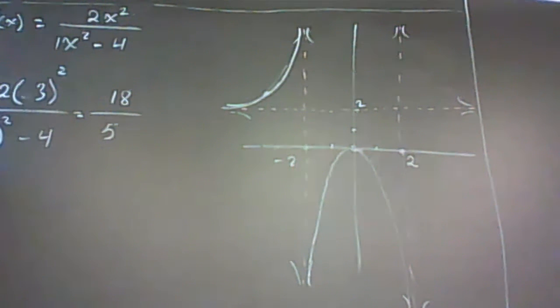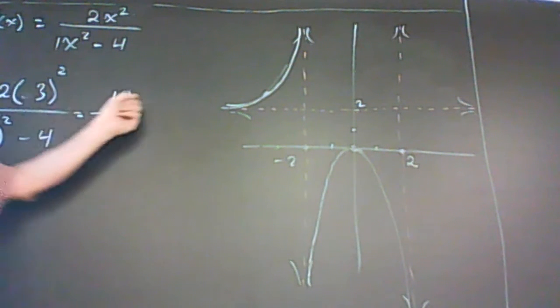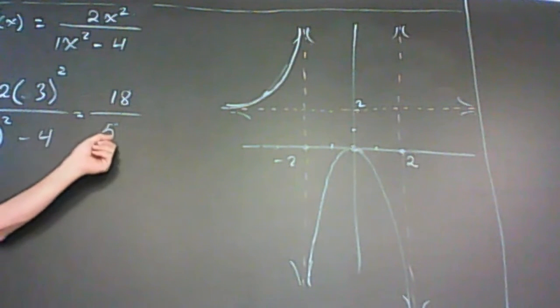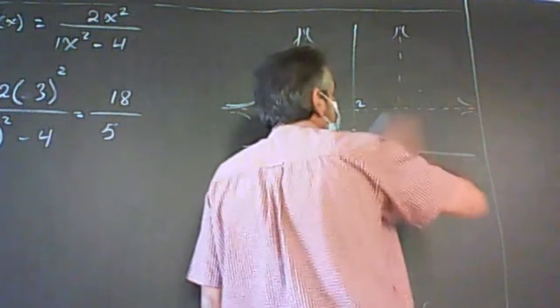I'm going to make that 3. And 3 squared is still 9. 9 times 2 is 18. And then we have 9 minus 4 is 5. And the graph is somewhere in here.